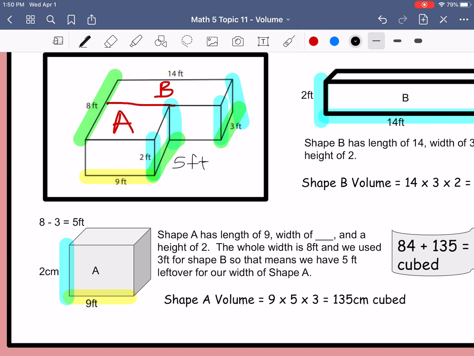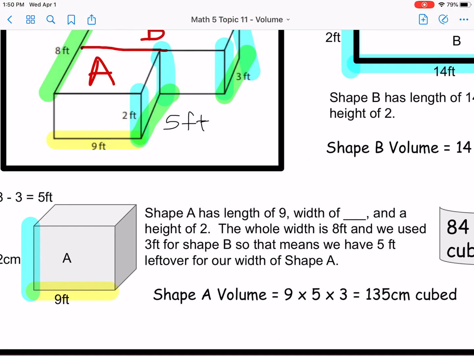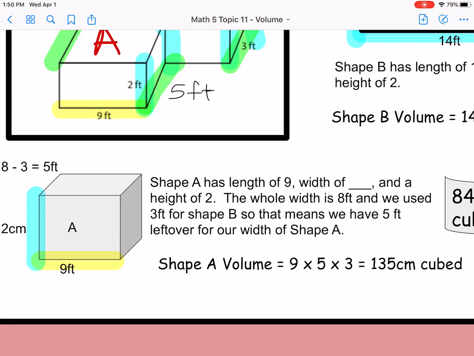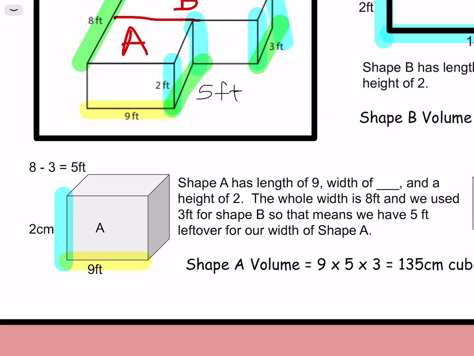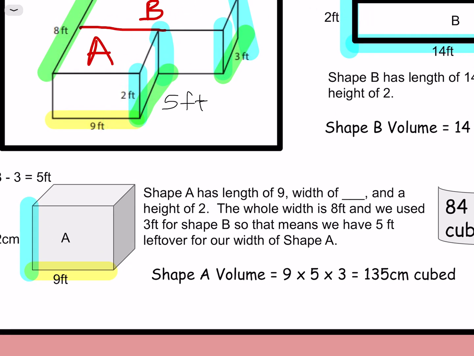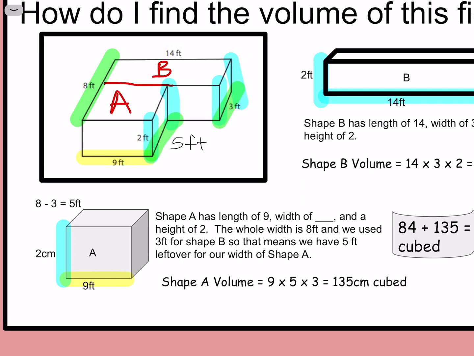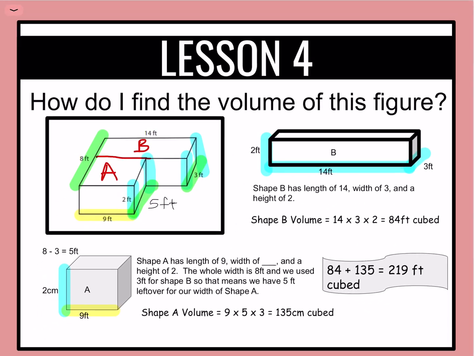Now, we are able to take those numbers. So we have 9 times 5 times, oh, I think I used the wrong number, didn't I? I did. This should be 9 times 5 times 2.